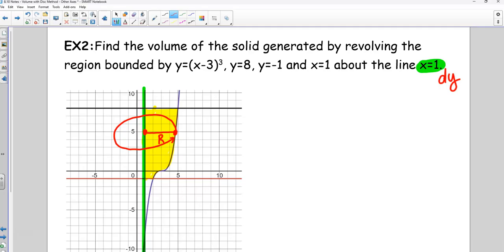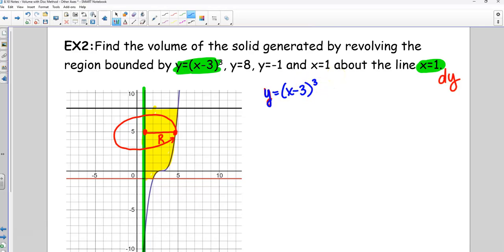Now, for most of the things here, it does not matter, but that means my equation needs to be in terms of y. Are all of my equations in terms of y? Are they x equals something that has y's in it? They are not. Because I got this right here. It needs to be solved for the x. So, for that equation, y equals x minus 3 to the third, I need to solve that for the x.